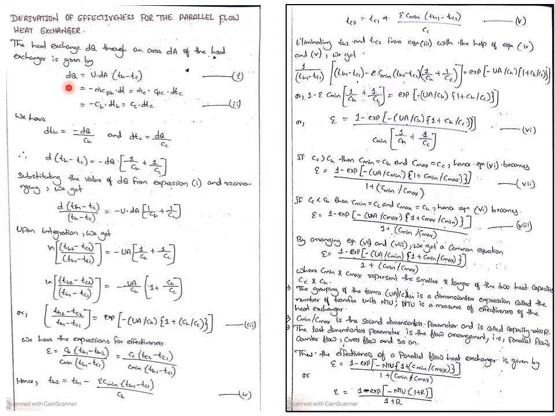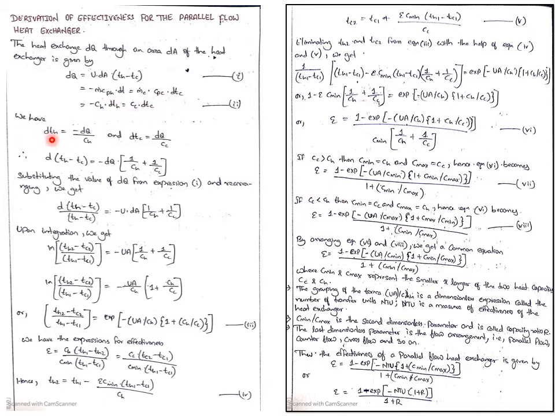Q can also be taken as m_h c_ph dT_h with respect to the hot fluid, and m_c c_pc dT_c with respect to the cold fluid, in the format of m c delta T. I will take m_h c_ph as capital C_h and m_c c_pc as capital C_c. This is just a notation. Now I want dT_h and dT_c from these two formulas.